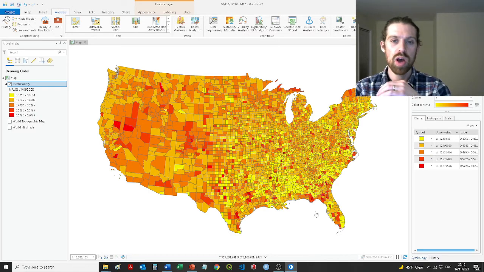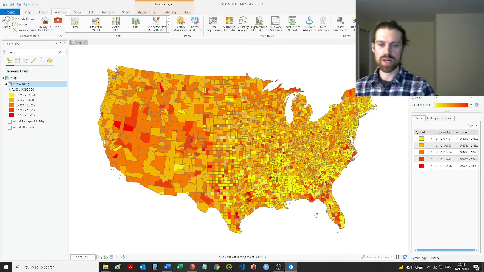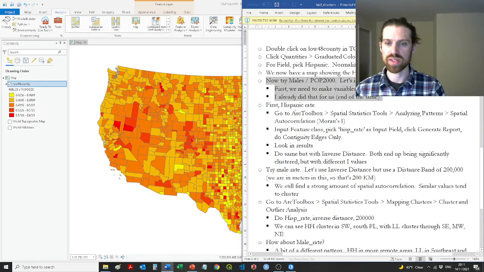Okay, so it doesn't seem that there's any kind of underlying process or outcome related to the spatial distribution of this metric, right? So that's quite interesting. We've got these two contrasting metrics.